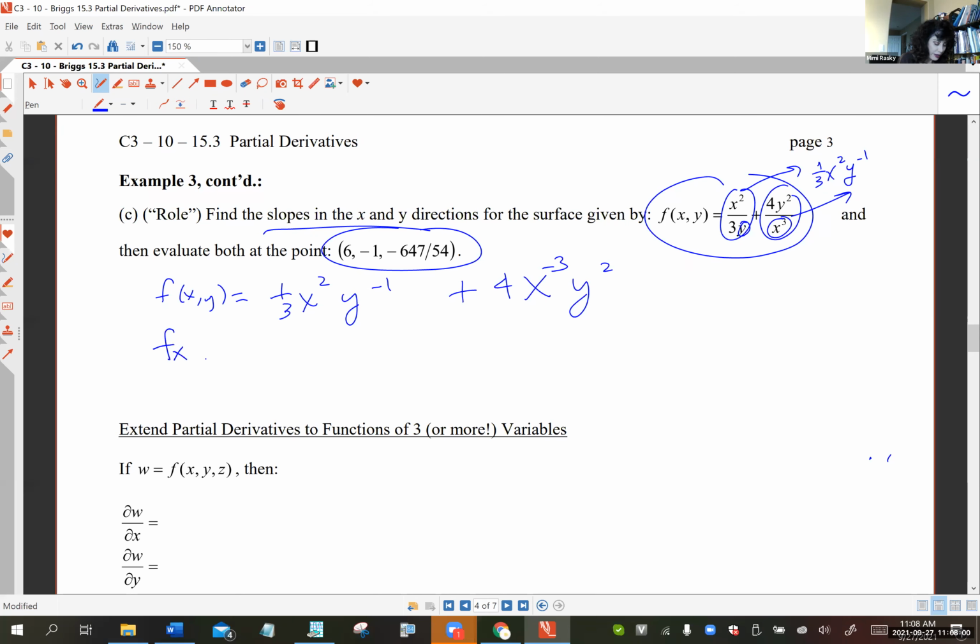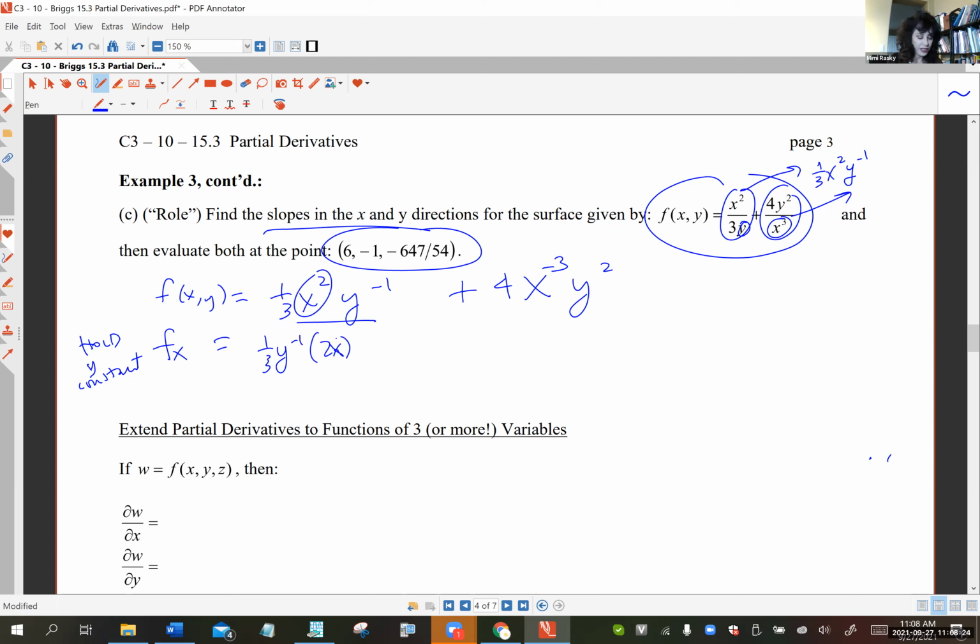So fx. Remember, you're going to hold y constant and just differentiate with respect to x, the usual way. With your first term, the 1/3 and the y to the -1, I'm just going to copy them down because those get treated as constant multiples. And you multiply that by the derivative of x squared, which is just 2x. I'll clean this up later because I want your final answer to have positive exponents only.